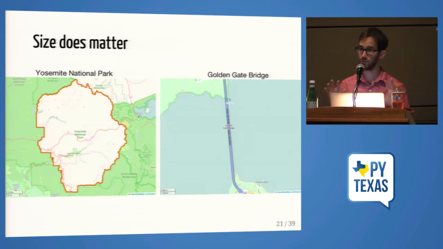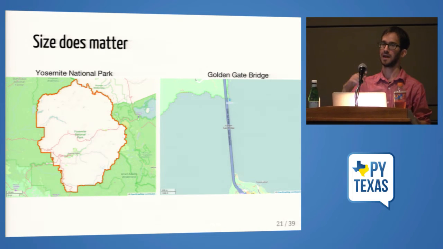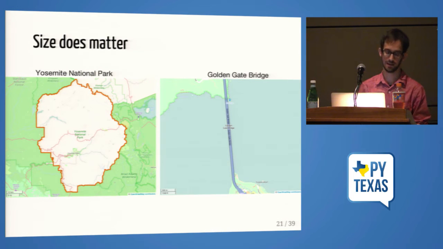But when we're doing the matching and we search for points of interest at a specific radius, we can analyze the size of the POI based on its name or categories or additional information. And when we do that, we're able to use this kind of information for our matching ability.